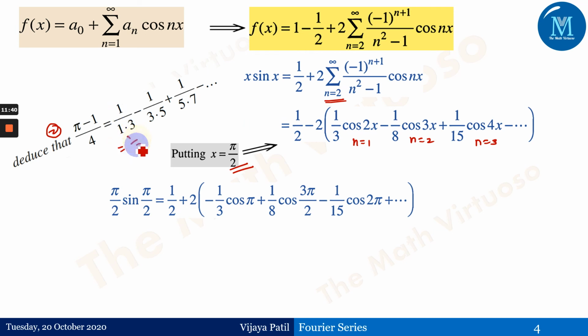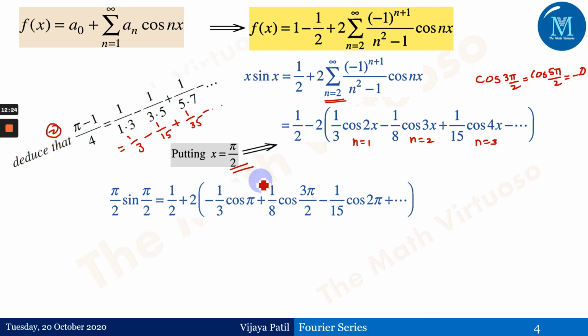So in short, what I needed is 1 by 3 minus 1 by 15 minus 1 upon 35 and so on, obviously with plus and minus alternate signs. So I don't want this type of term, and these terms would go off only when I'm getting cos of pi by 2, cos of 3 pi by 2, cos of 5 pi by 2 and so on, because cos of n pi by 2 is equal to 0 for odd n. So cos of 3 pi by 2, cos of 5 pi by 2 and so on, all these values you are going to get as 0, and that is what we need here as x equals to pi by 2.